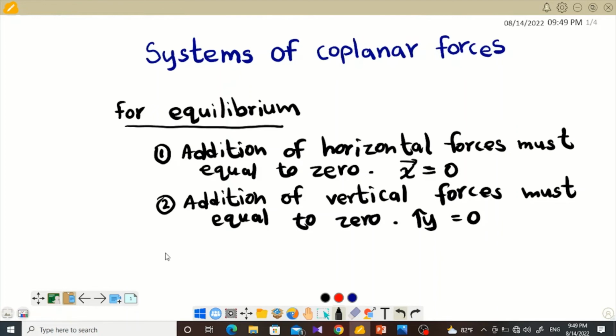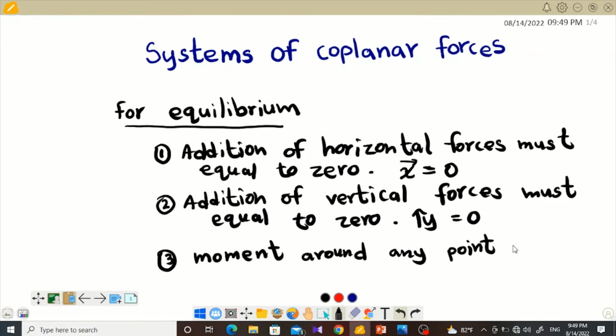The last condition is moment around any point must be 0.